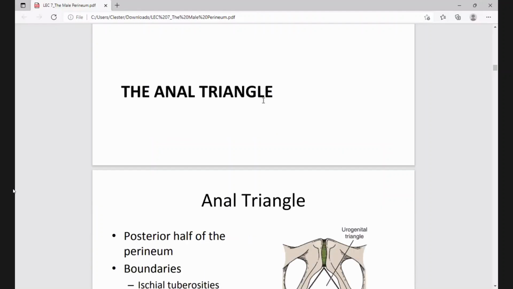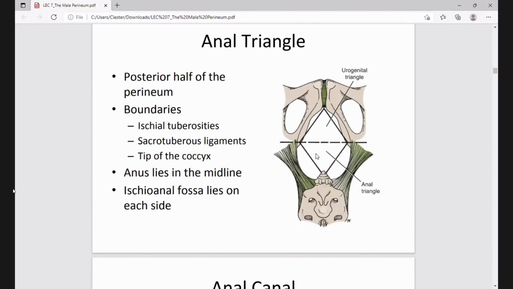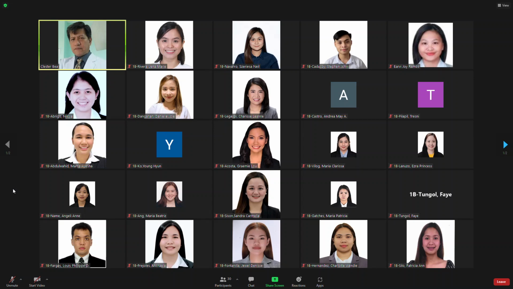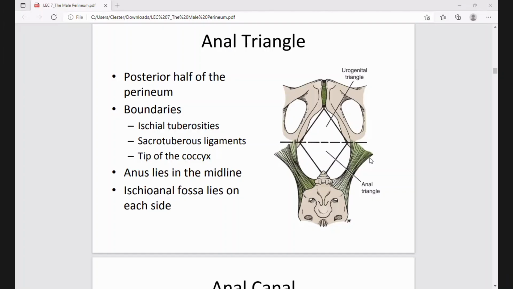We'll go first to the anal triangle. It is the posterior half of this diamond-shaped perineum, bounded by the ischial tuberosity, the sacrotuberous ligament, and the tip of the coccyx. Now the anus lies exactly at the midline.